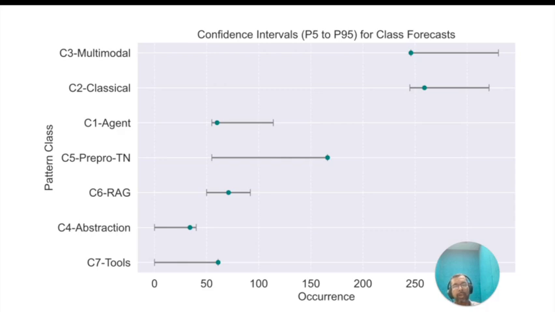And the fact that there are error bars means that for some pattern classes, the estimate is weak and we can't rely on that. Now, if you want tighter error bars or more pattern classes, you can run our methodology for more iterations, and it will likely give you better results.